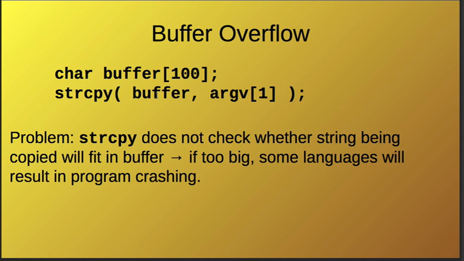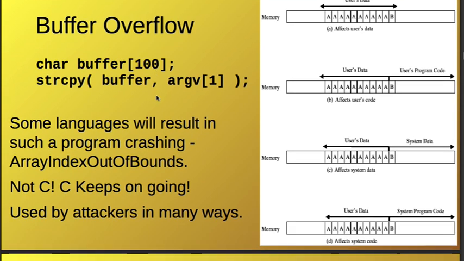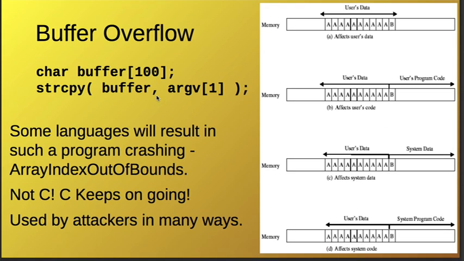In Java, you have all probably seen the array index out of bounds exception. But in C, there's no such exception. In C, it just keeps going, and you just overwrite whatever is past the bounds of this buffer variable. There are many things that could be there beyond the bounds of the 100 spaces for buffer.